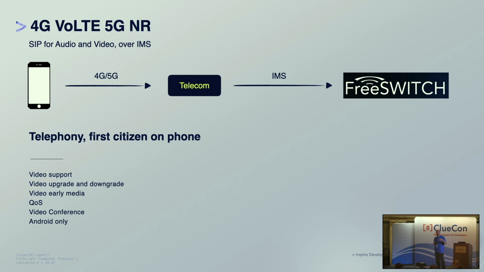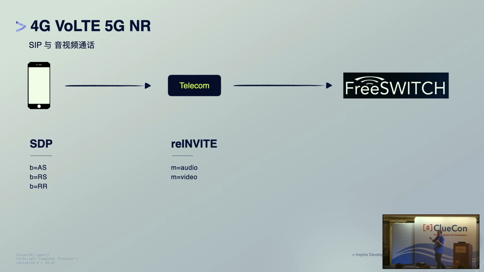You can make an audio call, and then switch to a video call without hanging up. It has quality of service, video early media, and video conferencing. It's very powerful, but it adds some difficulty.